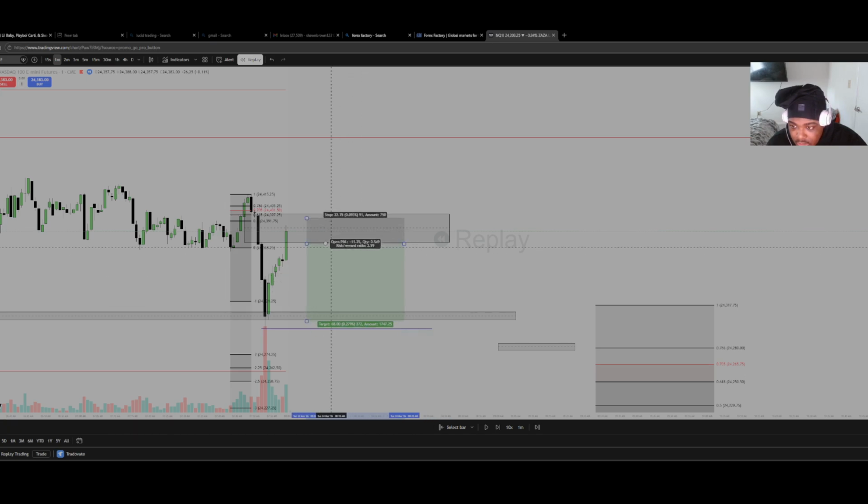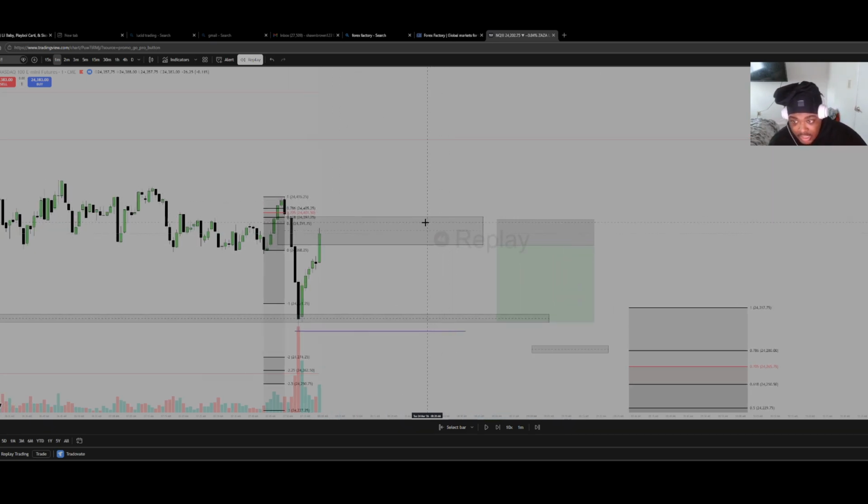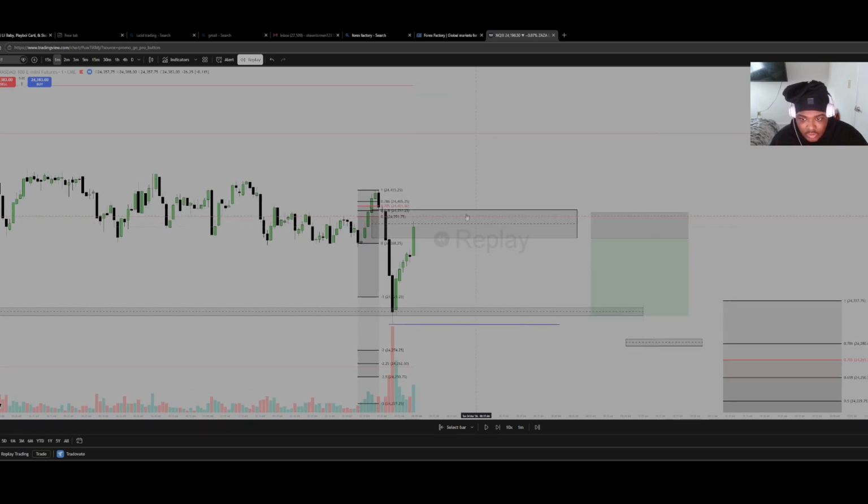Right. What I like to do is, you don't have to do it, because I could have just put a red line at the OTE range so I could just put a limit and wait for sales. But I didn't. I wanted to wait for another confirmation because I did see this happen, right?